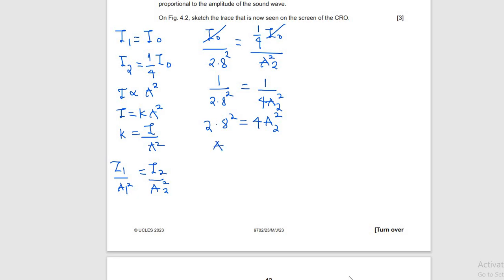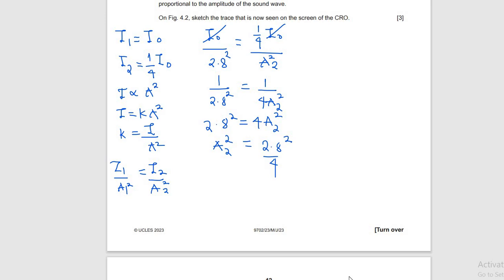Make A2 squared the subject of the formula. So I'm going to have 2.8 squared over 4. Let's find the square root of 2.8 squared over 4. 2.8 squared divided by 4 is 1.96.